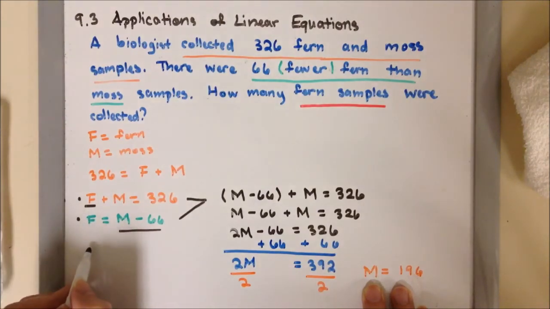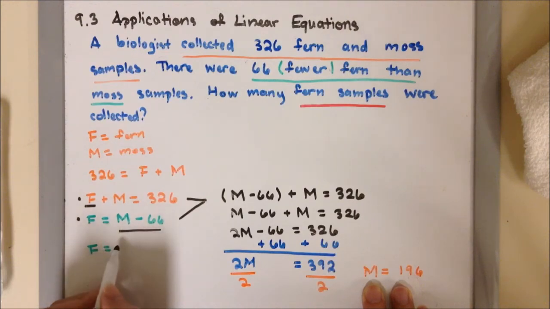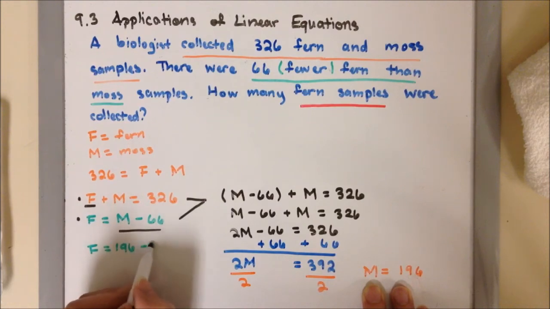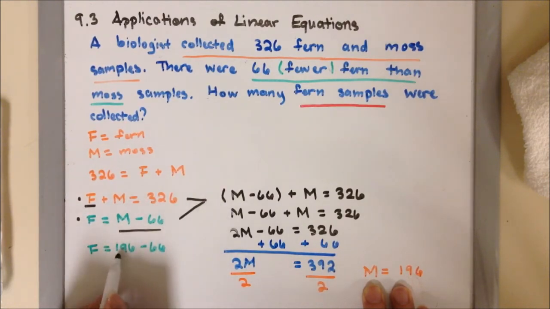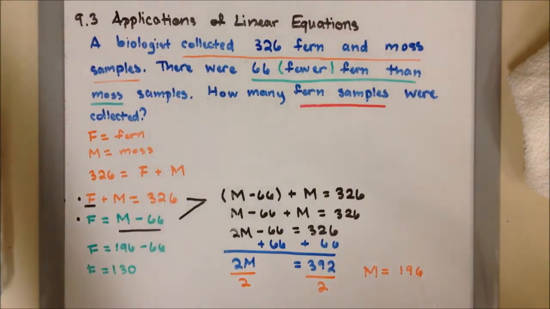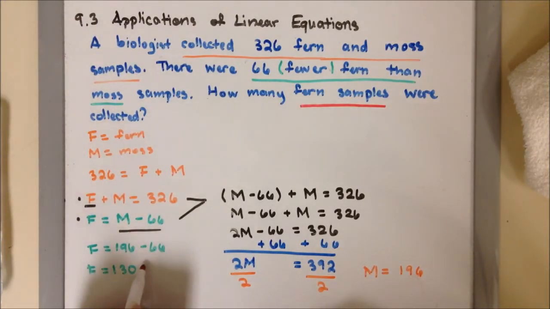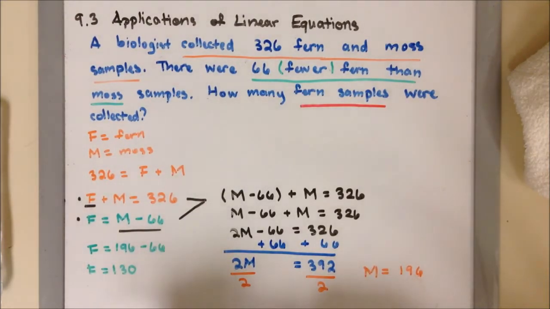So F is equal to 196 minus 66. So 196 minus 66, that is 130, and that's how many ferns there were. So that is my final answer. Box that up.